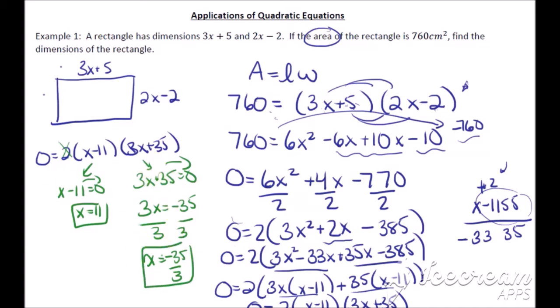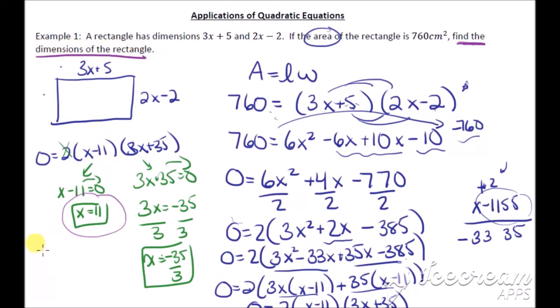If we think in the context of this question, we're thinking about dimensions, so it makes more sense to have x as 11. If we subbed in the negative 35 over 3, we're going to get negative dimensions, which doesn't make sense. The actual question is find the dimensions of the rectangle.